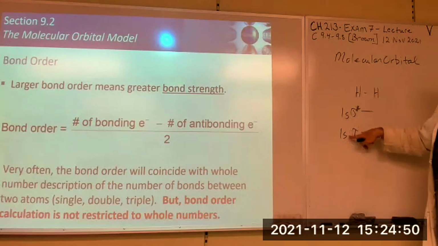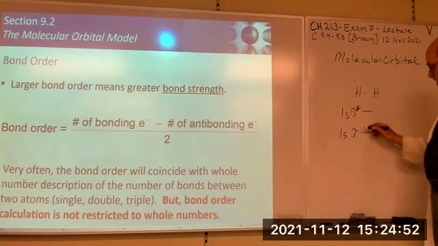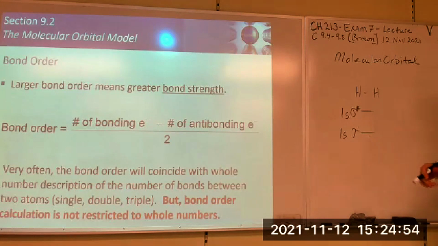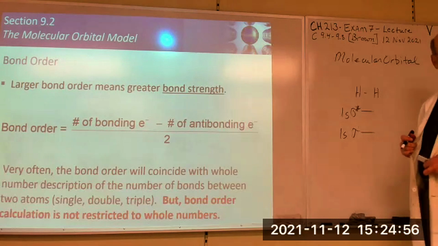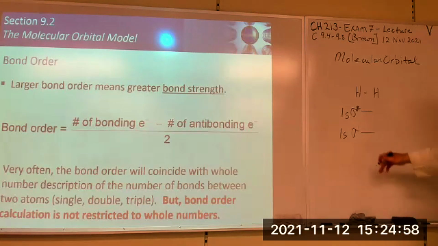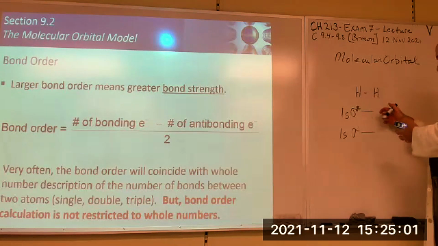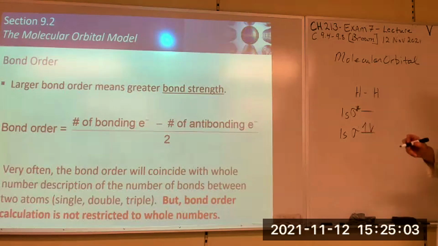It came from the 1s orbital, and we always have sigmas first. We never put pi's in there until the sigmas are accounted for. So this is all you have available for that. We put 2 electrons in there. So we have 2 minus 0 divided by 2 equals 1.